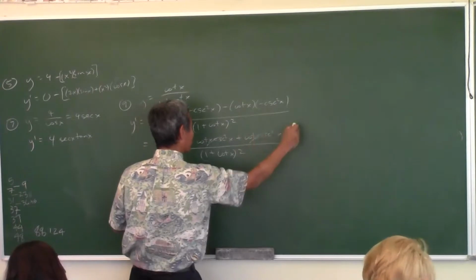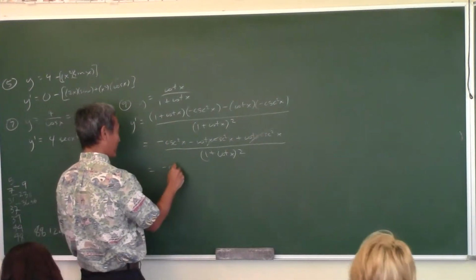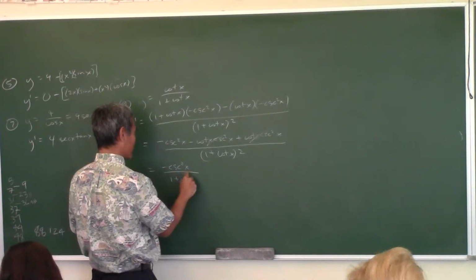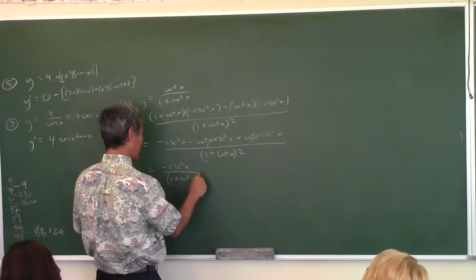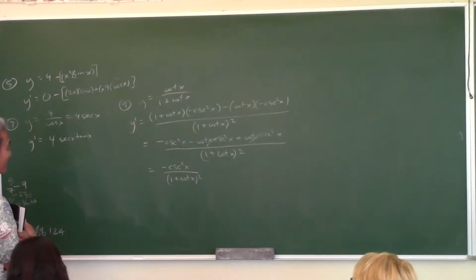Because these cancel out. That's good. So all you have is negative cosecant squared x all over 1 plus cotangent x quantity squared. You can't really do anything with that, so that's your answer, I guess.